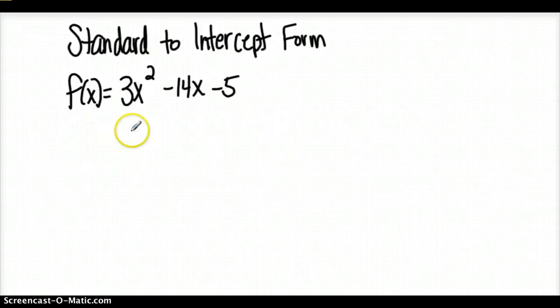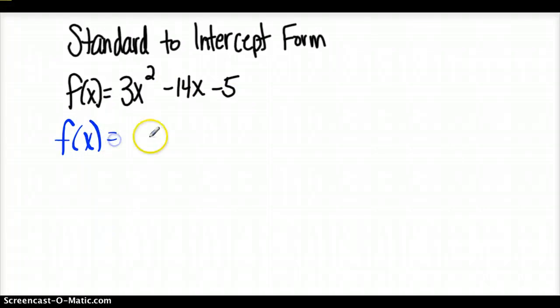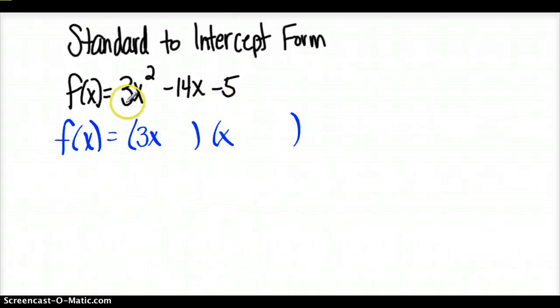If you look at the next one, you have 3x squared minus 14x minus 5. So you write f of x again. There are no GCFs here. So how would you get 3x squared? It's a 3x and an x. And then this one's not as easy as the first one because this has to multiply to be -5, but this 3 throws it off. So 1 and 5 are your only options there. And since this sign is negative, these signs have to be different.